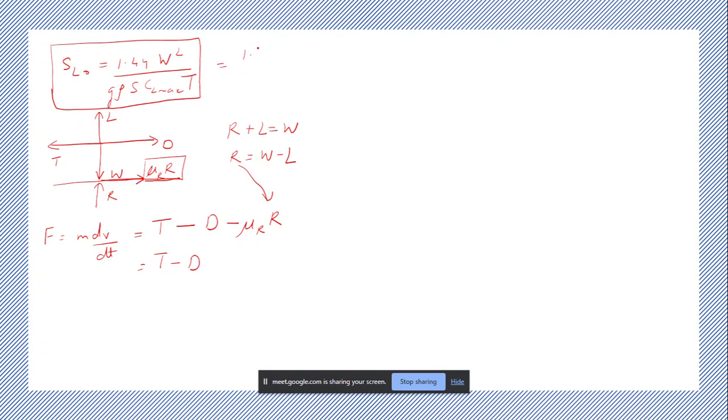So that will be 1.44. So when the thrust to weight ratio increases, the takeoff distance will decrease. They are inversely proportional.